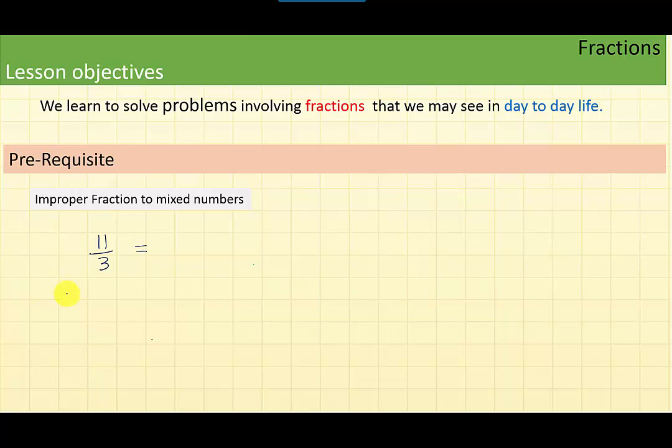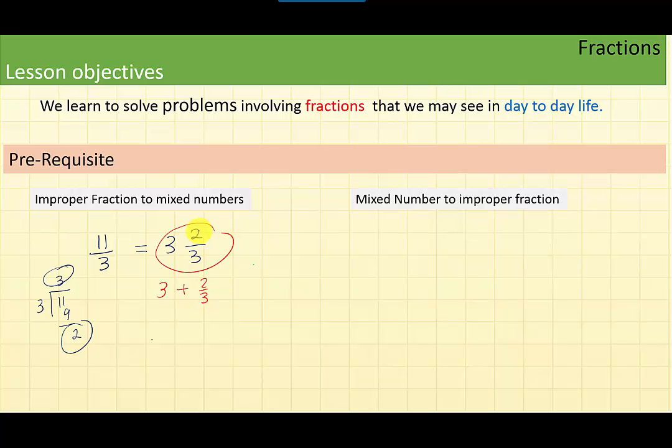If you divide 11 by 3, you get 3 times 3, which is 9. 11 minus 9 is 2. This is the remainder. So 11 divided by 3 has quotient 3 and remainder 2. So we write 2 out of 3. This means we have 3 units plus 2/3 of a unit.